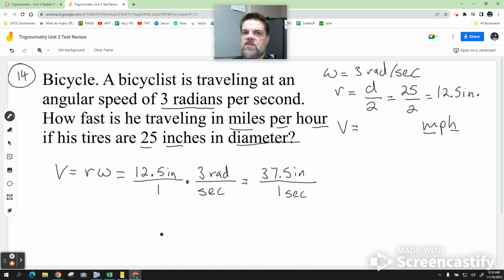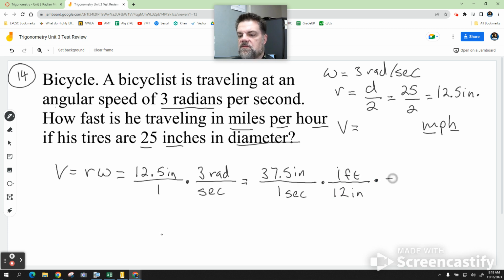Which one do you guys want to do first, the length or the time? Let's do the length. The easiest way to do this is I know that I need inches down here because I want it to cancel. Well, there are 12 inches in 1 foot.